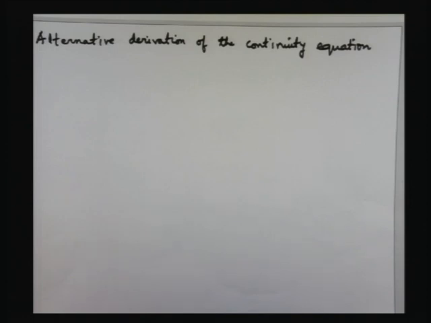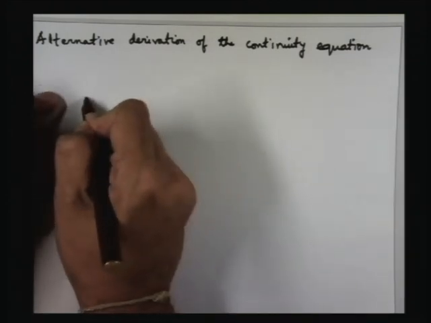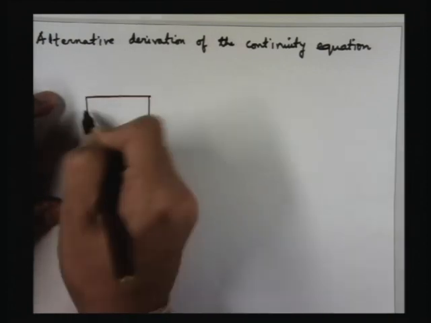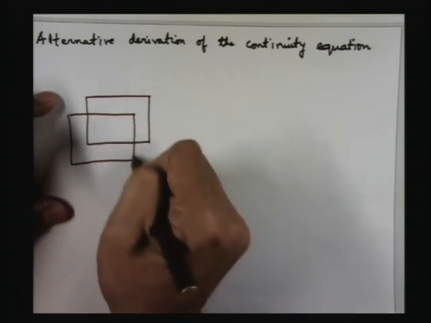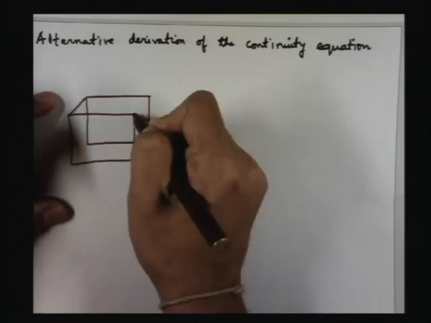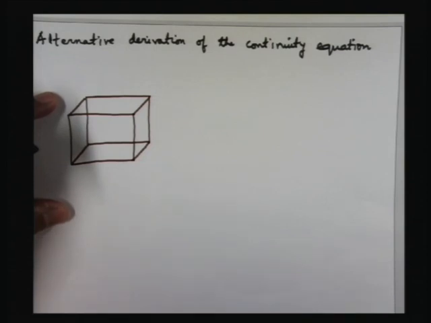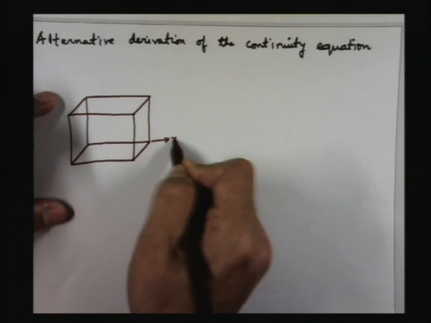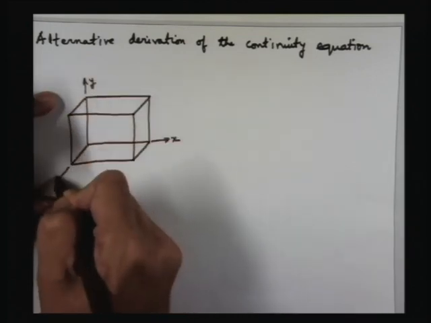To understand this derivation, let us draw a box like this. For simplicity, a rectangular box. Let us say this is the x axis, this is the y axis, and this is the z axis.